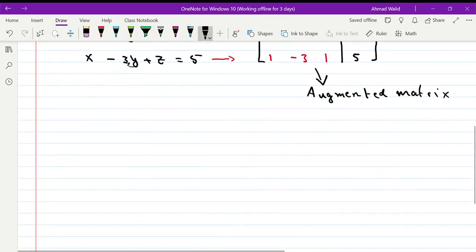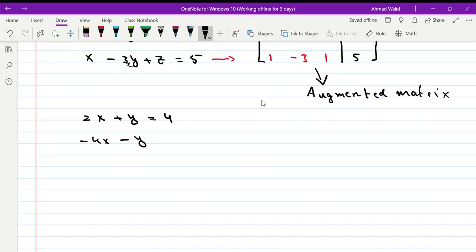If I put another example, how to write, for example, let's see this one. 2x plus y equals 4, -4x minus y equals -5. If I want to write the augmented matrix for this system, I will write it this way. What is the coefficient of x in equation number 1? 2.